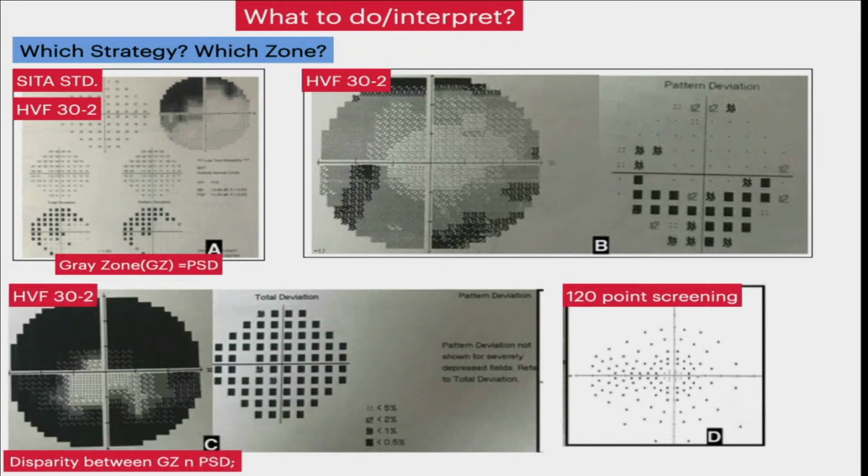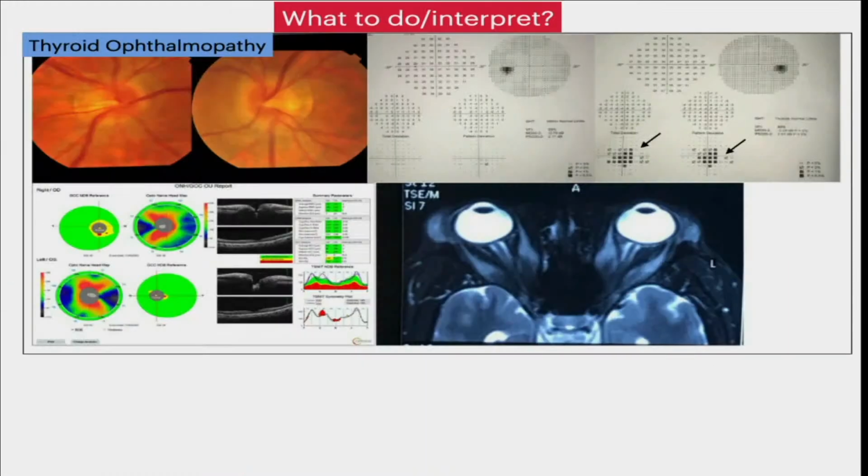Another example where the advanced field defect was shown on the gray scale, but there was no PSD. So we have to be aware of these things. And this was basically an advanced constriction of the field of retinitis pigmentosa, where we wanted to do a 120-point screening test also to really assess how the patient feels, what exactly is the functional limitation.